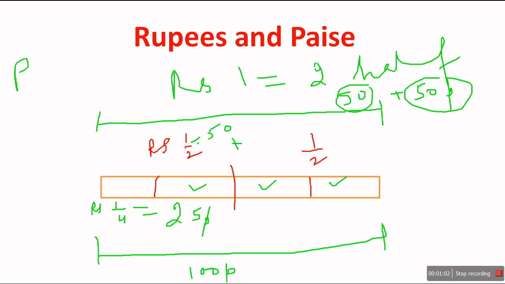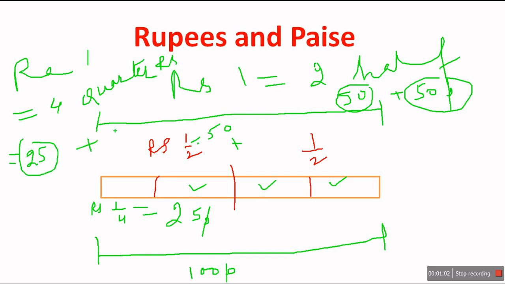So rupees 1 has 4 quarter rupees. That is, rupees 1 has 25 paisa plus 25 paisa plus 25 paisa plus 25 paisa, 4 times 25 paisa.